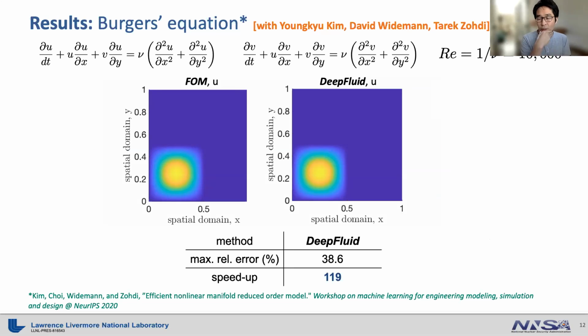I'm not sure we are changing the location, but in the past we have changed both of them: the location of the initial pulse, and the amplitude, the shape of the initial condition. So basically we use the geometric parameter. Okay, thank you.